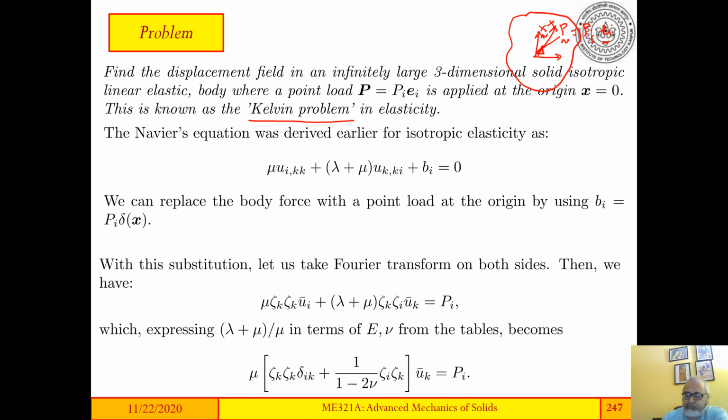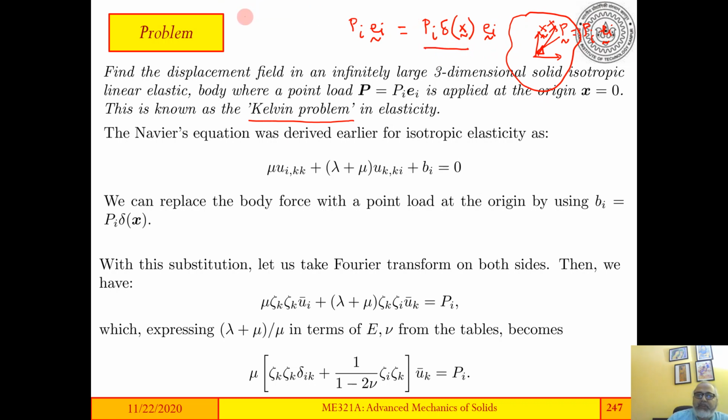Now, the first thing that we need to note here is that the concentrated force P_i applied at the origin can actually be treated as a body force distribution of this sort.